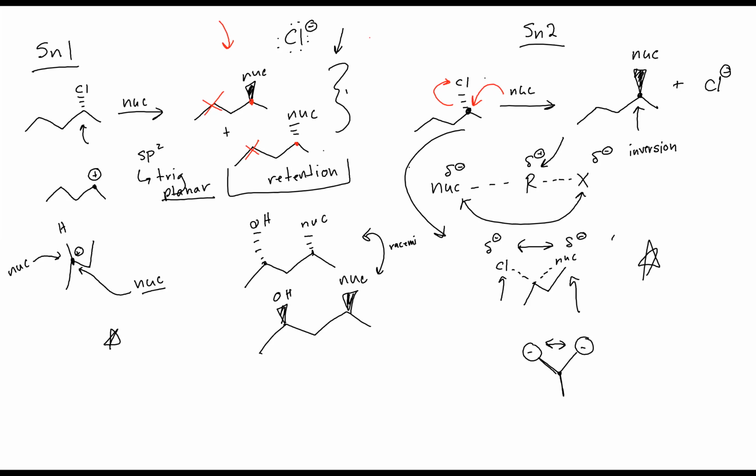And you may hear this called different attacks. In Sn2, when we invert stereochemistry, we call that a backside attack because we're going from the back of our leaving group. Whereas in Sn1, we have a backside and a front side attack because we're going from the same side as the leaving group for front side.